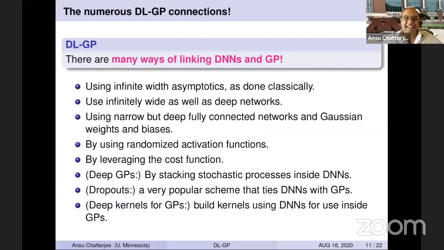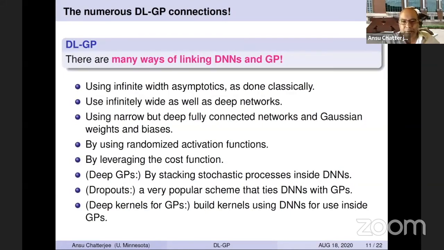Okay, there are actually many, many ways of linking deep neural networks with Gaussian processes. I've listed a bunch of them. You could read these slides later on, so I'll not go over every single one of them, but I'll go over three really interesting cases.